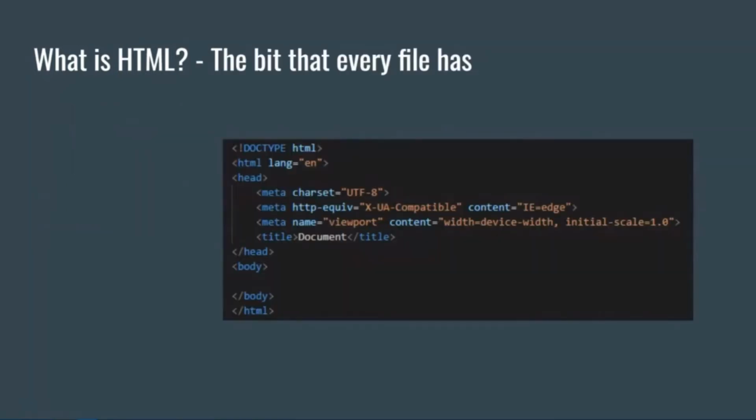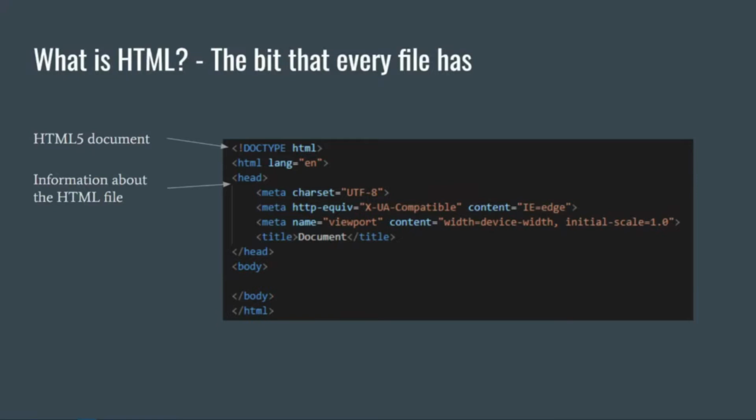The first thing you need to encounter is the bit that every HTML file will have. So this is the bare minimum. It's not all completely necessary, but I wouldn't recommend adding or removing stuff unless you know what you're actually doing. So the first line where it says doctype HTML, that just tells the document that it is in HTML5.